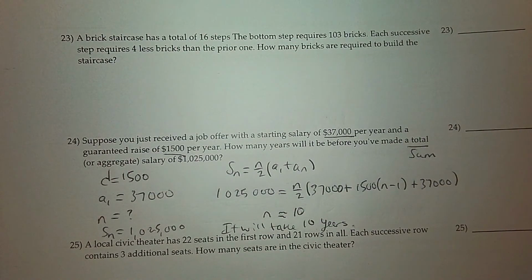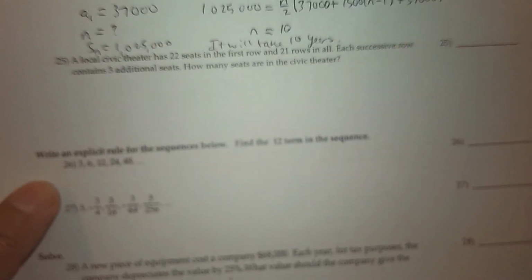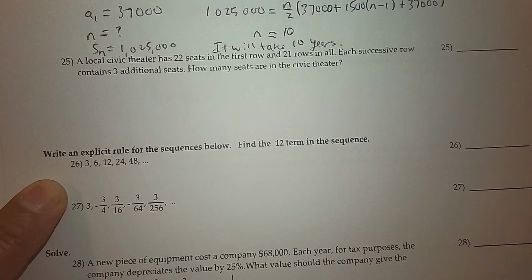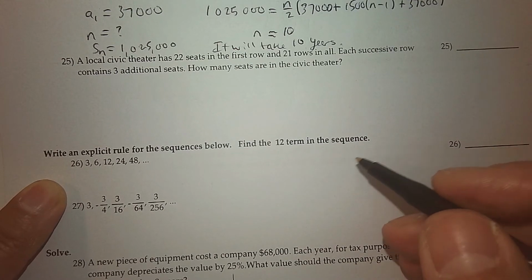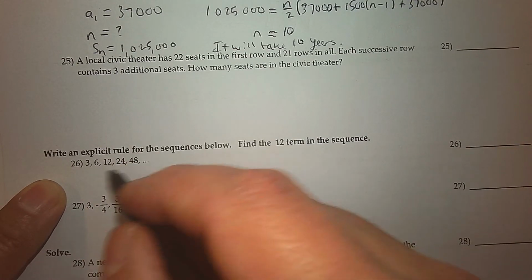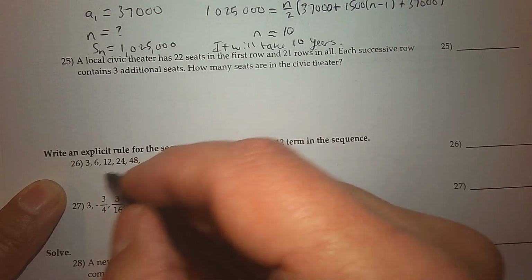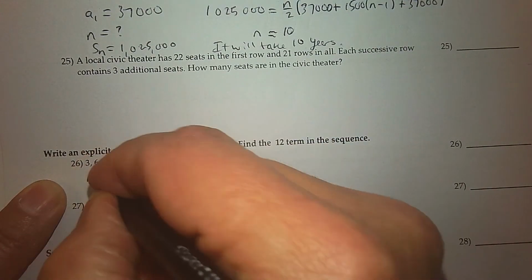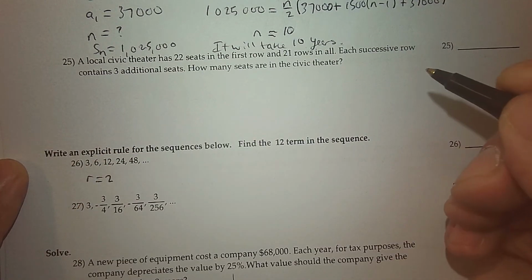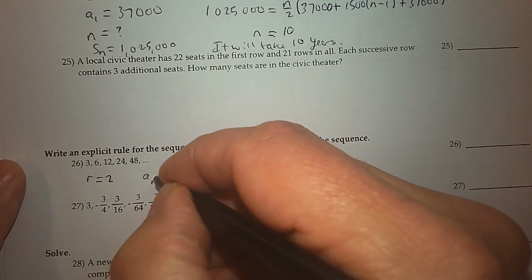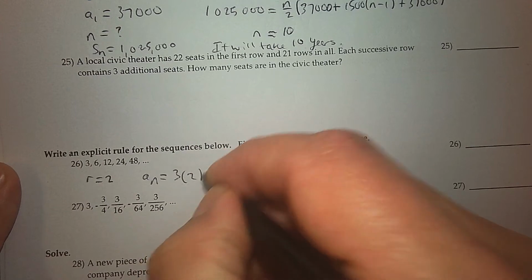All right, 26. Write an explicit rule for the 12 terms in the sequence. So first of all, is it arithmetic or geometric? So 3, 6, so on, so no. But now I can see a common ratio of 2, all the way through. So the explicit rule would be 3 times 2 to the n minus 1.